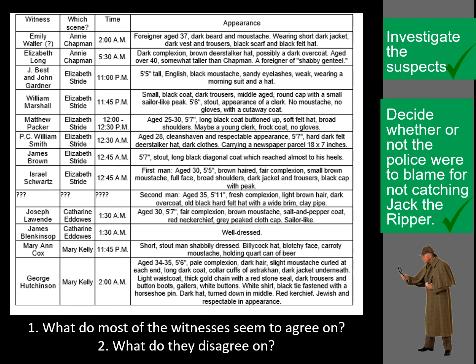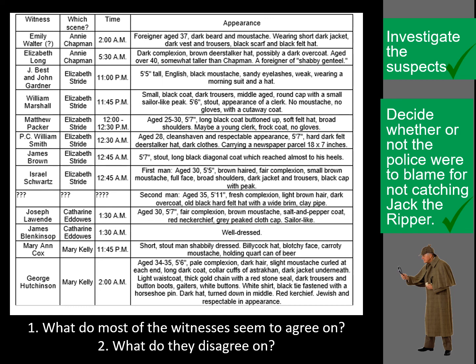And it tells you which scene or which crime they were actually witnessing, what time they saw whatever it was that was happening, and what they think they saw, so what the appearance actually looked like. So for example, Emily Walter, who saw the death of Annie Chapman, or so she says, saw at 2 o'clock in the morning a foreigner aged about 37 with a dark beard and a moustache, wearing a short dark jacket, a dark vest and trousers, a black scarf and a black felt hat.